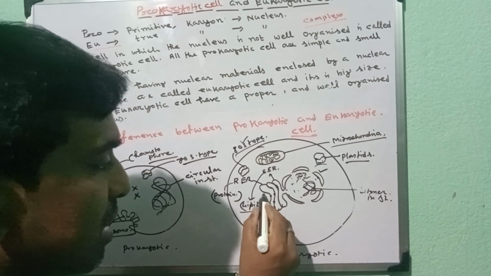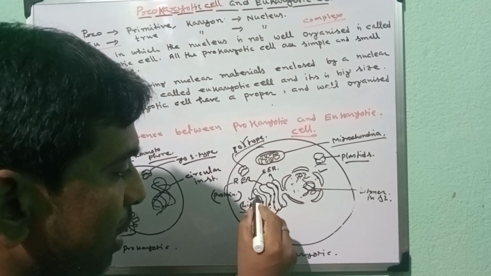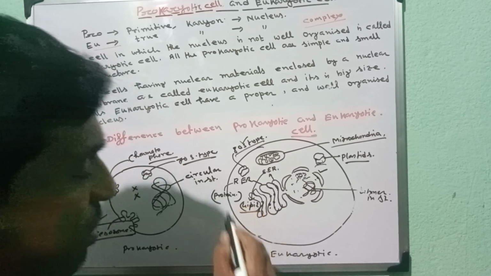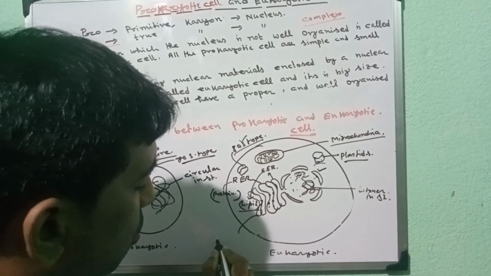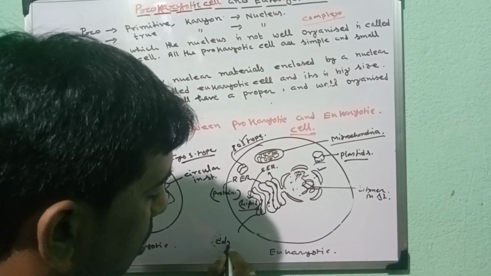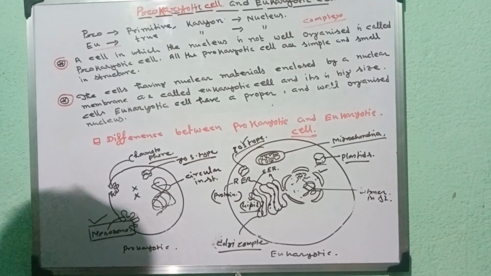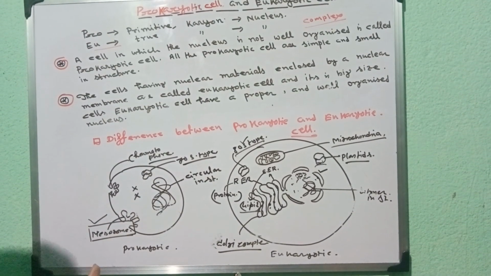Near the endoplasmic reticulum there is another structure, called the Golgi complex. The Golgi complex is present in the eukaryotic cell, but in the prokaryotic cell it is not present.